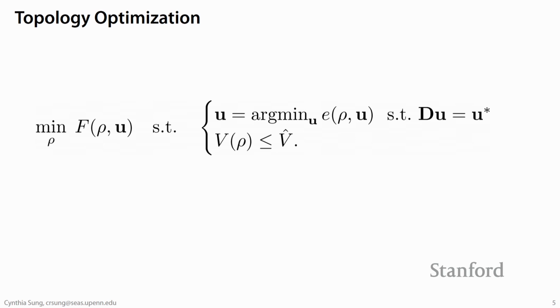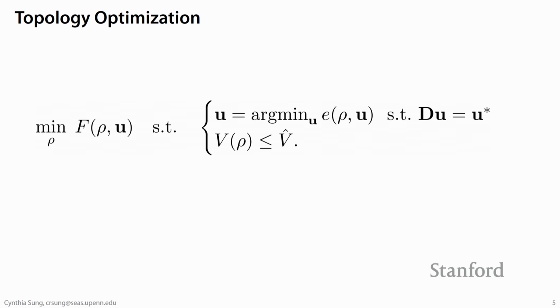So if we want to build a bridge, for example, or if we want to think about how a 3D object is going to respond to forces applied to different areas, we can start with a block of material, and we can model the physics of that block, and we can change the density of certain areas of that block in order to manipulate the response, right? And so topology optimization is an approach that people have used to try to solve the problem of, given a block of material, what is the particular distribution of densities that I want in order to produce a particular response.